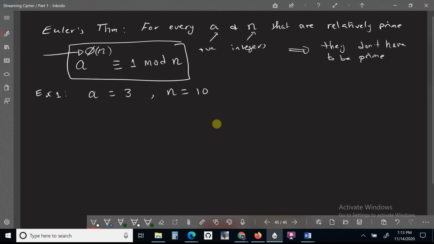First of all, we need to check that the GCD between 3 and 10 is equal to 1. This is the condition, they need to be relatively prime. Is the greatest common divisor between 3 and 10 equal to 1? Yes, in fact it is true. So the condition applies.